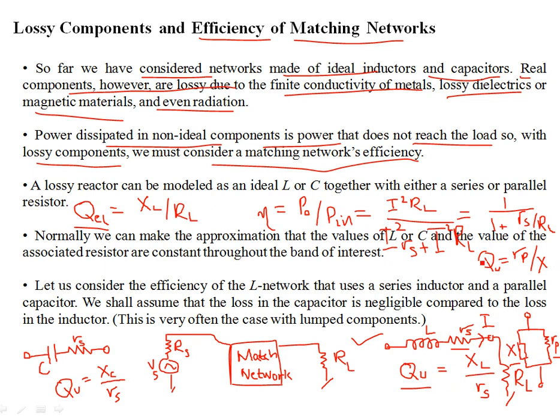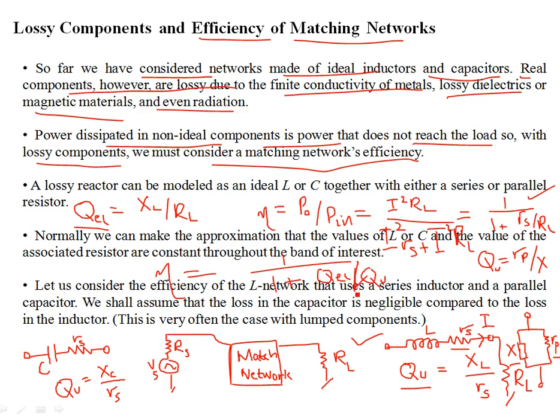Comparing these two and deriving a new expression for efficiency, because we have this ratio RS over RL, efficiency can be expressed as 1 over 1 plus Q electrical, because we have R load in the denominator, over Q unloaded.